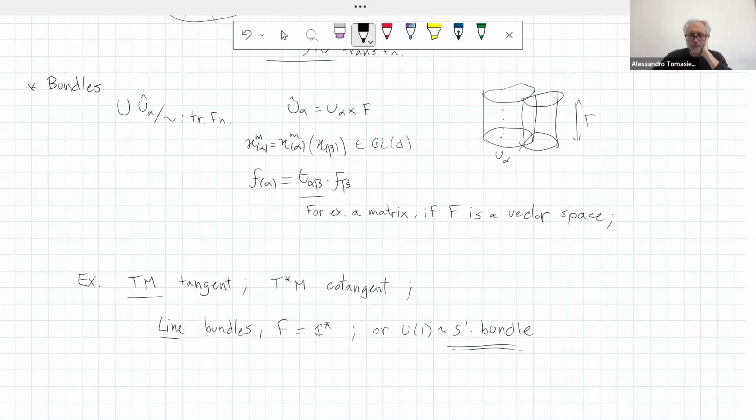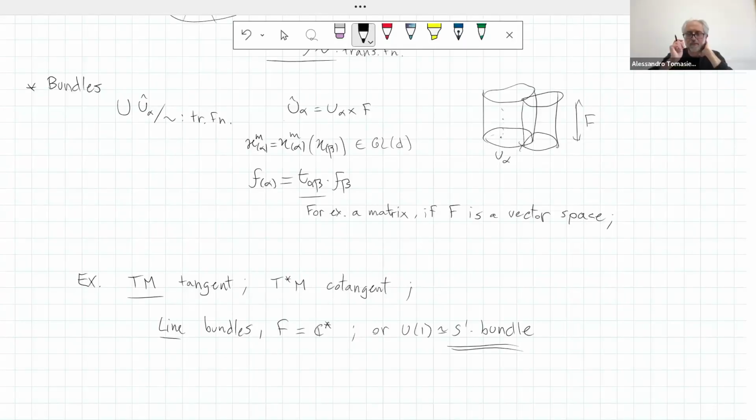And then the transition functions that glue this U hat are made of two components, one that glues the U's in the way we saw earlier, and another which glues the fibers F.